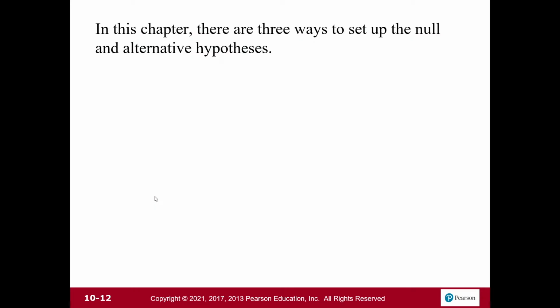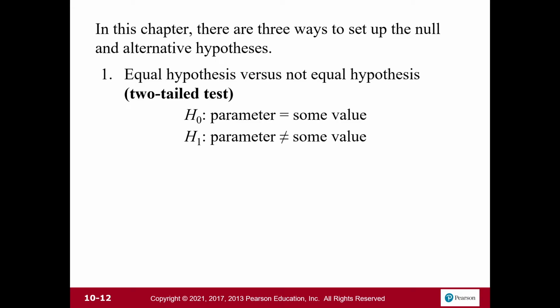So in this chapter, there are 3 ways to set up the null and the alternative hypothesis. Number 1, the equal hypothesis versus the not equal hypothesis. So that would be a two-tailed test. All right. Where we have the parameter equal to some value, and then the alternative is that the parameter is not equal to that value.